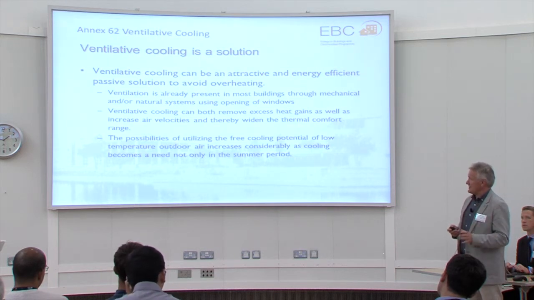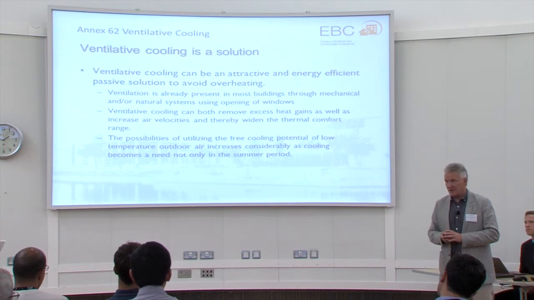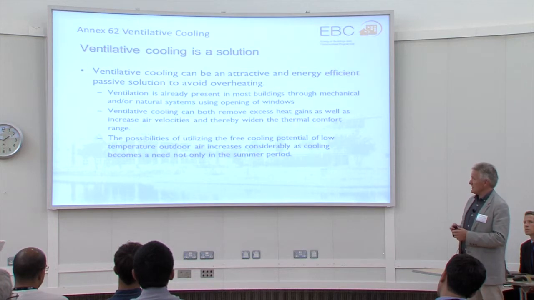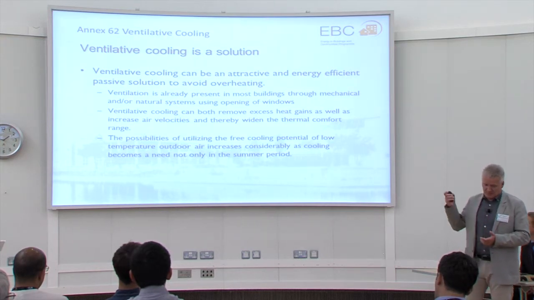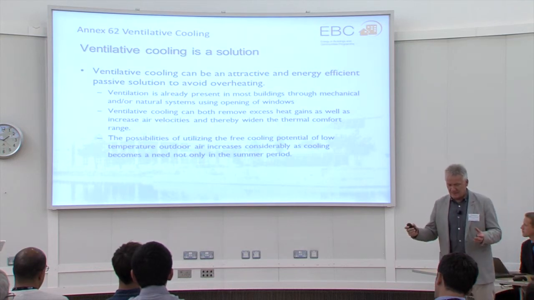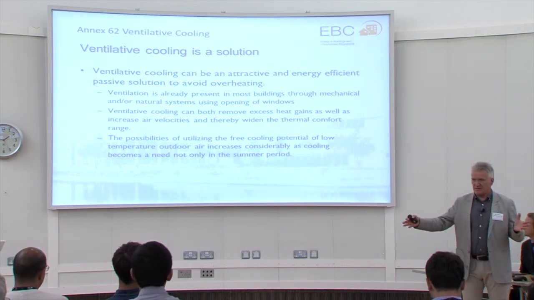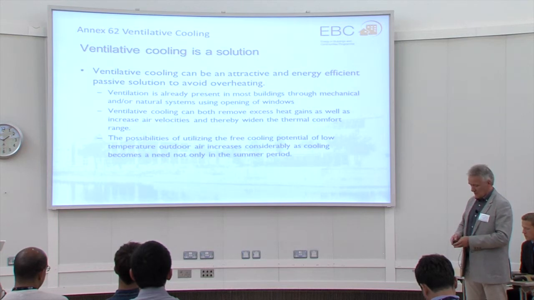And we can, by ventilative cooling, especially when we use natural systems, provide very high airflow rates and thereby also a relatively high cooling potential or cooling capacity in a large part of the year. And especially if we look at the progress in building energy efficiency, where cooling is not only an issue in the peak summer period, but actually an issue in a large part of the year, of course the cooling potential of the outdoor air increases also.